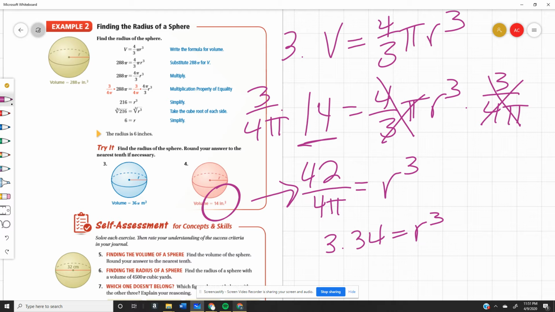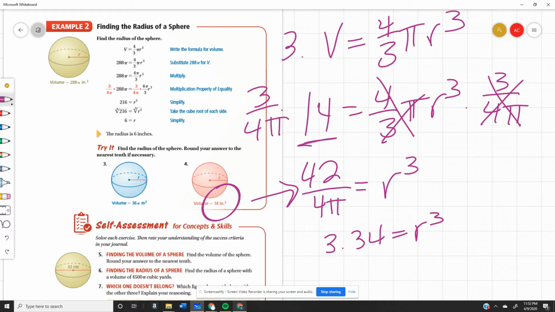I keep hitting the wrong button. That's not the right button either. Sorry, guys. You know I do the same thing in class sometimes, when I don't know how to do a problem and I sit here and try to figure it out.